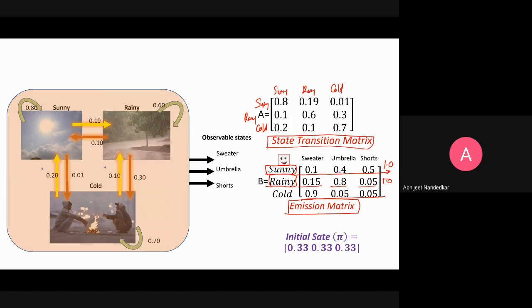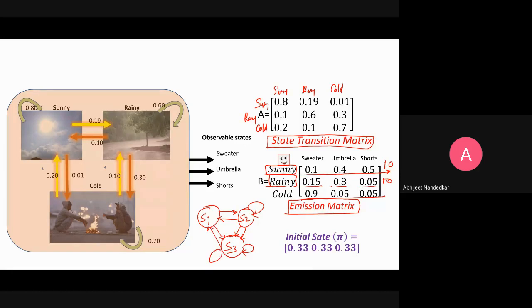Now see, I have state S1, state S2, and then state S3. So there is a probability given to me to transit from one state to another state.